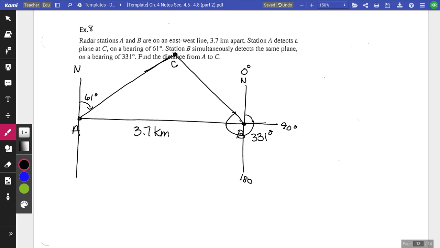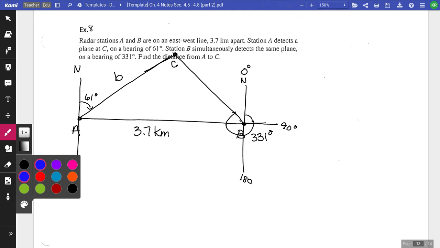All right, find the distance from A to C. So we are looking for this side B. Okay, so it might not be obvious right now where we're going with this, but let's see what angle measures we can come up with, and then that will help us figure out how to find that length from A to C. Okay, so there's a couple of different things you know.